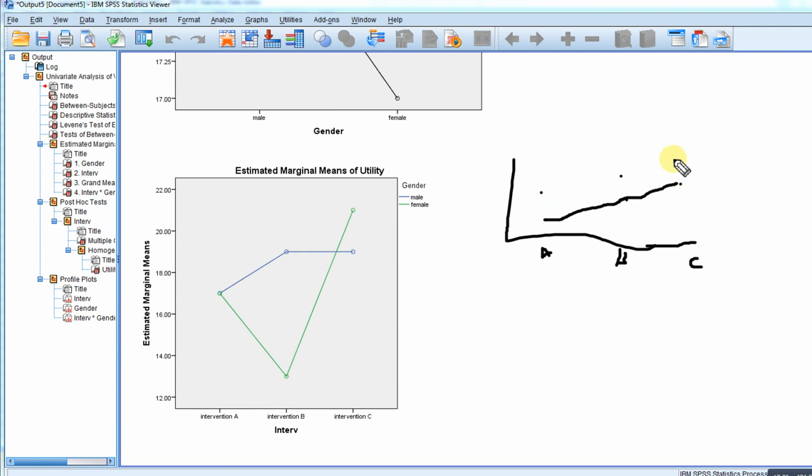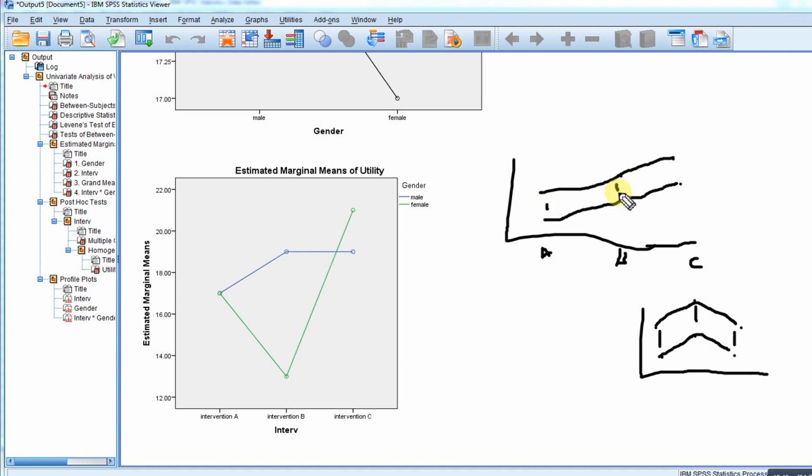If they're parallel, then that would suggest that we have a lack of interaction. Or by the same token, if you had something like this, in this case right here, you would see that the lines are parallel. Even though they would be curvilinear in shape, you can see that the distances between males and females across those are equal, and the same would be right here, which would signify a lack of interaction.